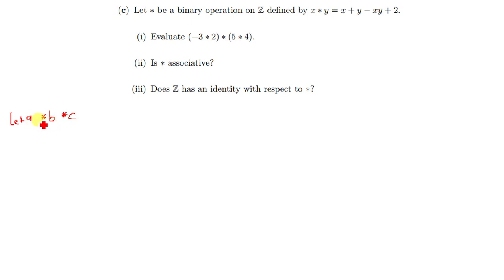You can either use A star B star C or x, y, and z, but since we are using x, y this side, it's better for us to use A, B, and C. So you first give them this expression, just to tell them this is what you're going to be using. So for associative, A star B star C is always supposed to be equal to A star B star C.